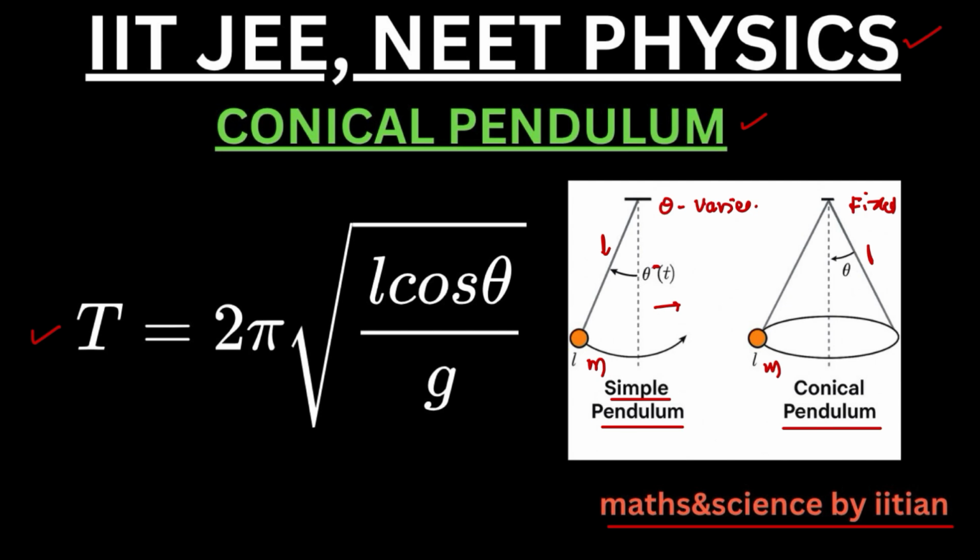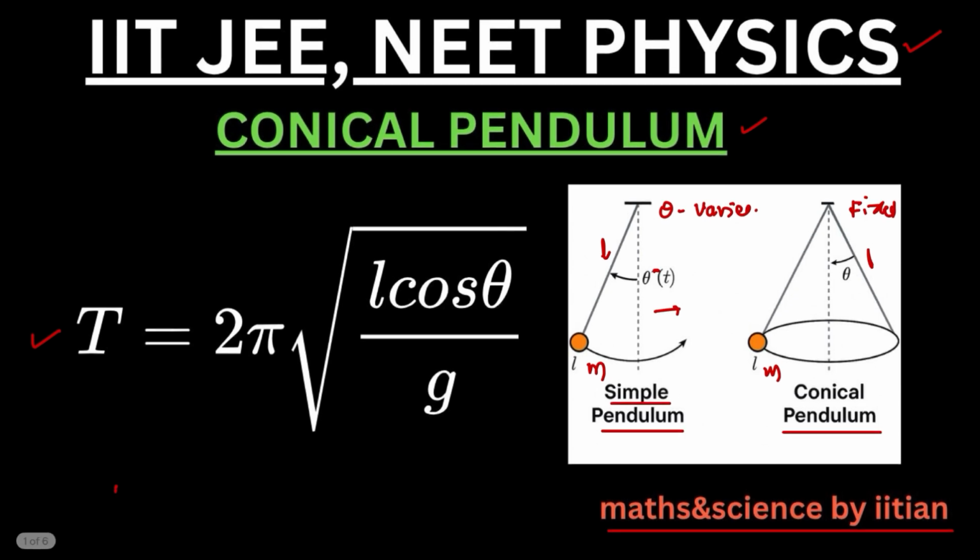For a simple pendulum we all know that the time period is equal to 2 pi into square root of L by g, which almost everybody might be aware of. Now we will discuss the difference between a simple pendulum motion and a conical pendulum motion.